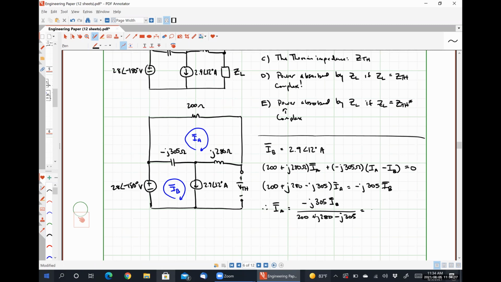I get 4.388 angle negative 70.875 amps. And I'm going to store that as variable A.